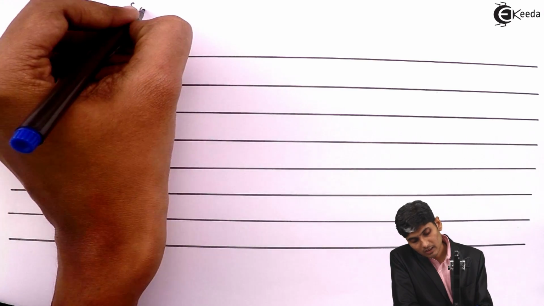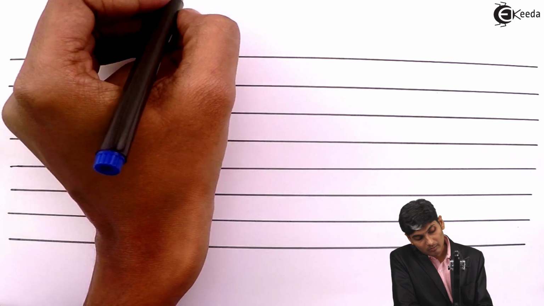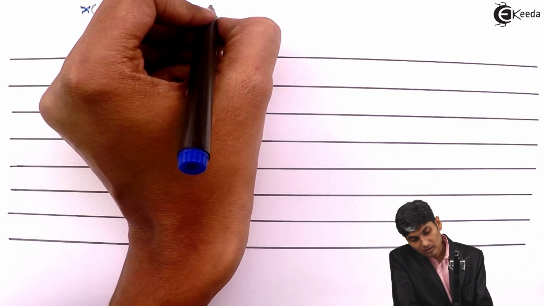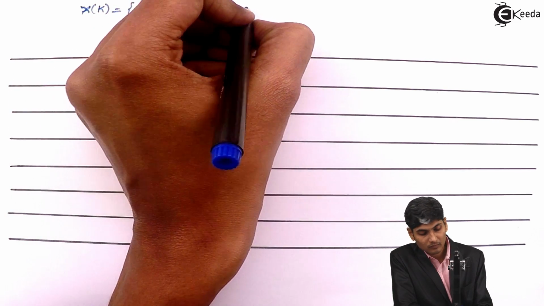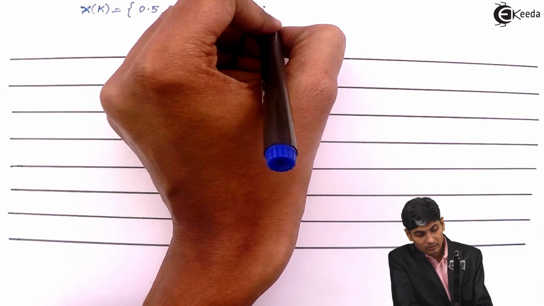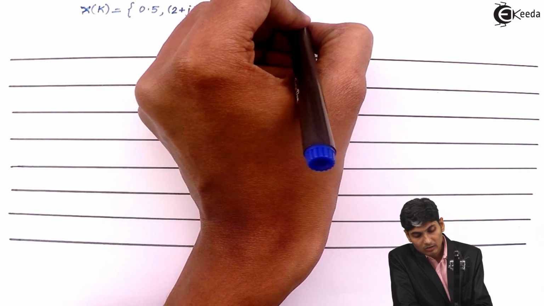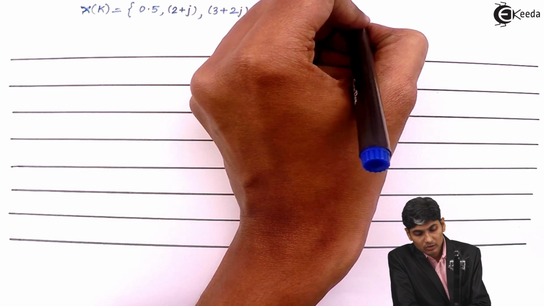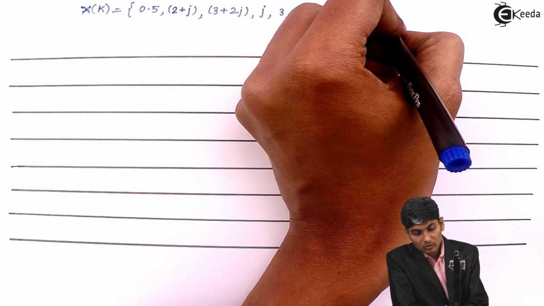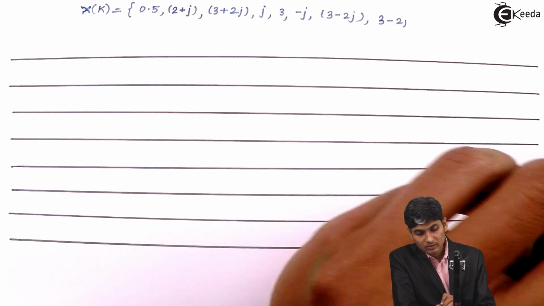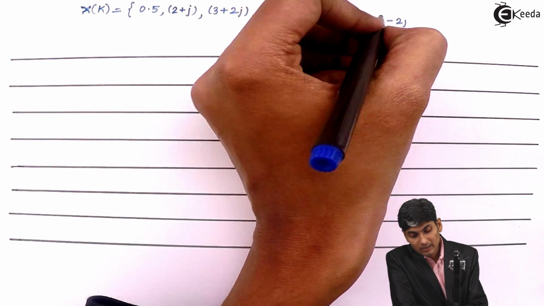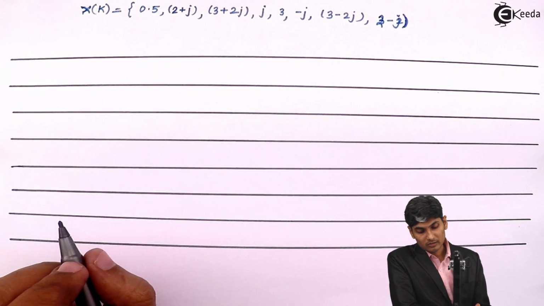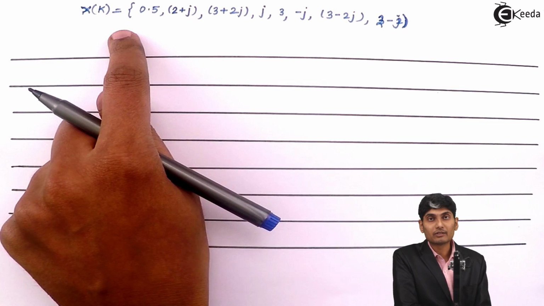The given X(k) is 0.5, 2 plus j, 3 plus 2j, j, 3, minus j, 3 minus 2j, 2 minus j. So the given problem for us is these 8 points.